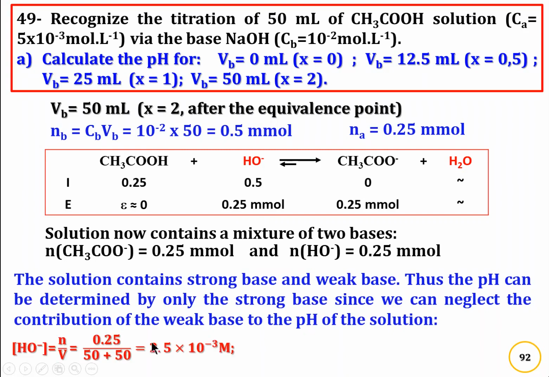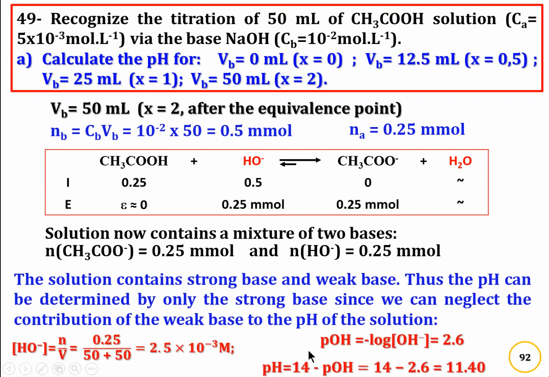So we apply pOH equal minus log concentration of OH⁻ in the solution. The concentration of OH⁻ at this addition of the base is equal to the number of moles of OH⁻, which is 0.25, divided by V total. V total is the initial volume taken, which is 50 ml, plus the volume of base added, which is 50 ml.